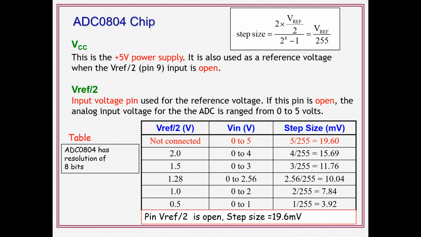If V reference by 2 is connected to 2 volts, then V reference is 4, so the range is from 0 to 4, and step size is 4 by 255, which equals 15.69 millivolts. Like that you can change the reference voltages.